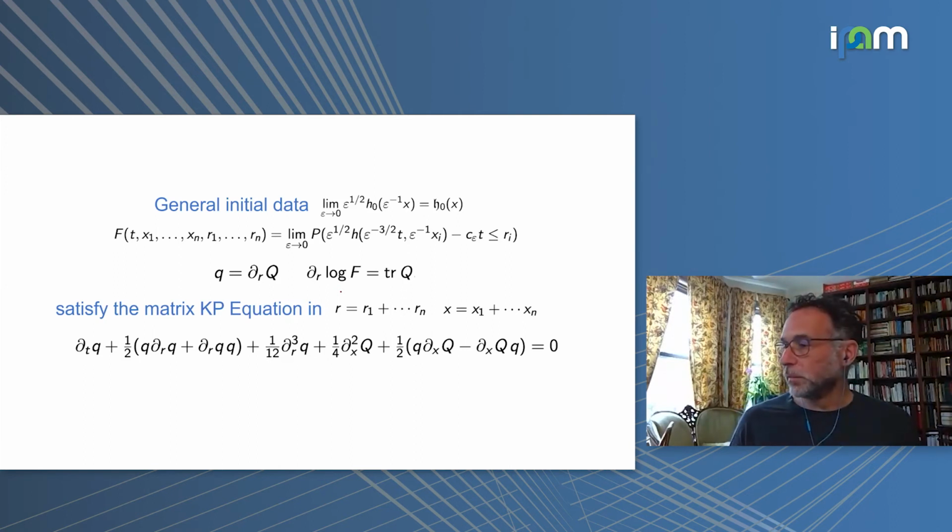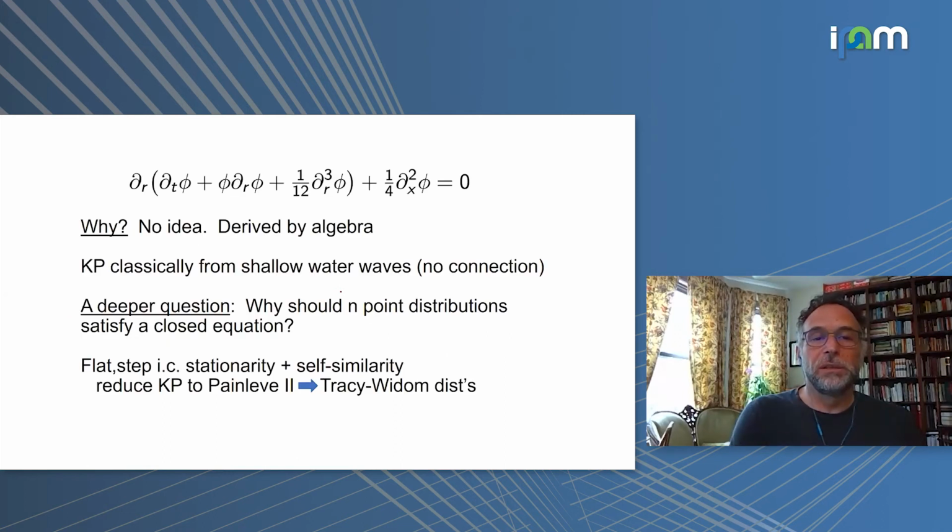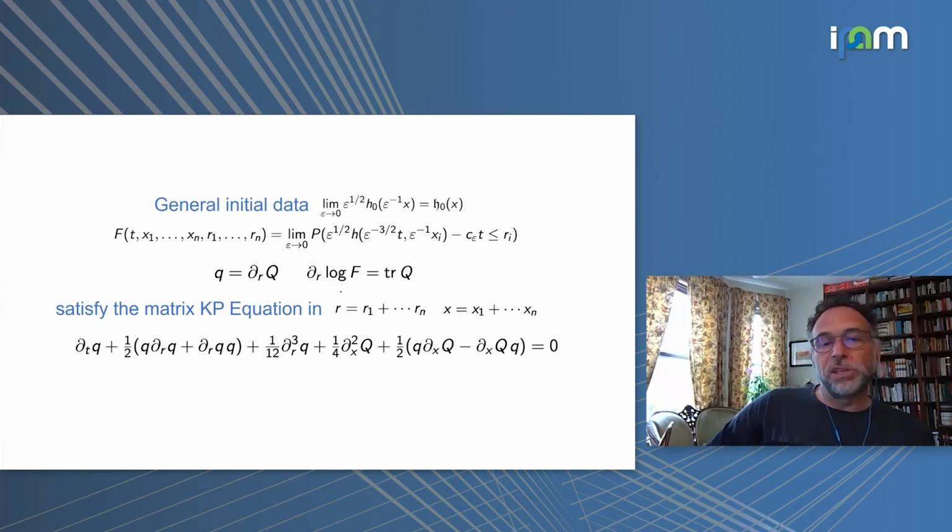And if no one has any comments, I'm going to, well, there's the KP equation. And the question is, why? So first of all, I just want to go back and say that's all the information we need.